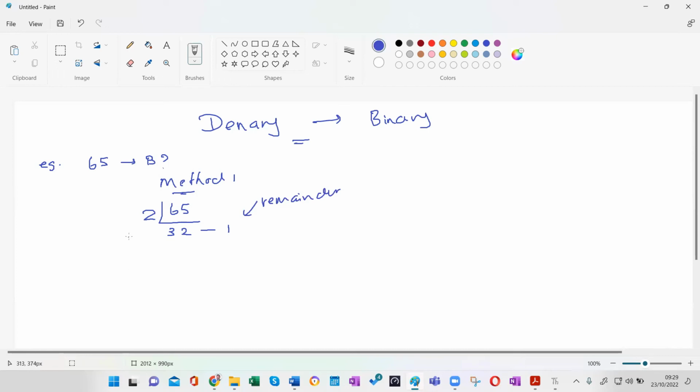For 65, how many 2's are there? 2 into 32 is 64, and 64 plus 1 is 65. So the quotient is 32 and the remainder is 1. We divide 65 by 2, put the whole number here and the remainder right in front of it.